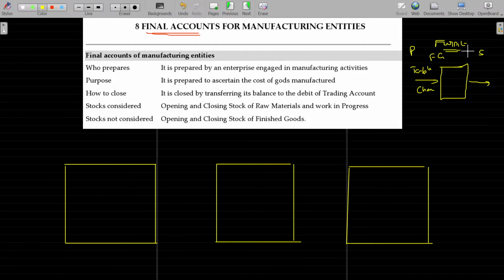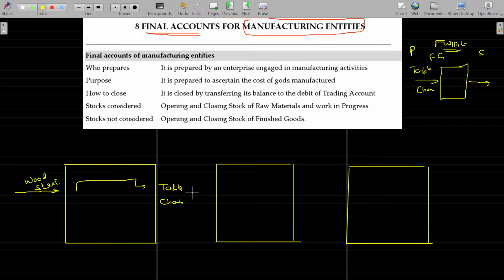But when it comes to manufacturing entities, they purchase raw material. For example, they purchase wood, steel, plastic, etc. That will be converted into a table, a chair.